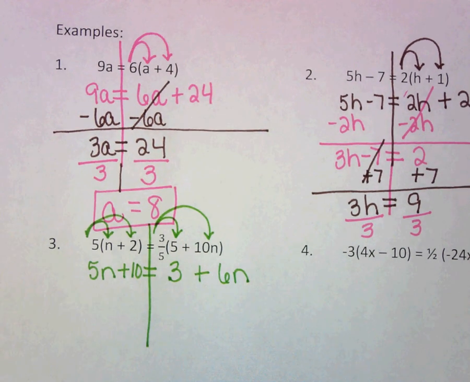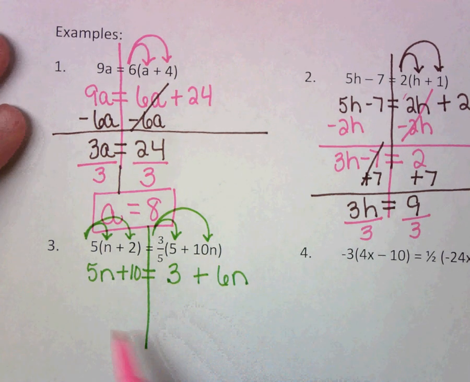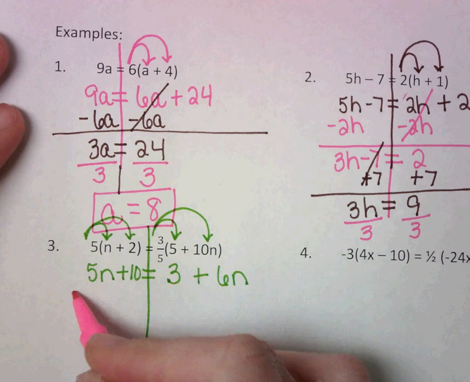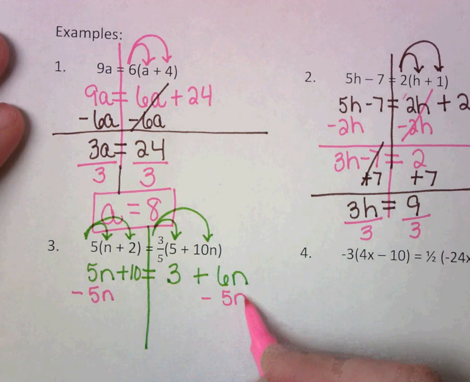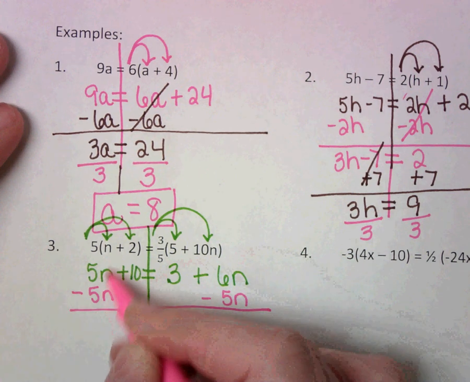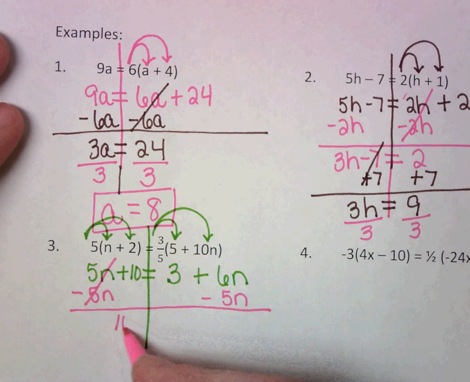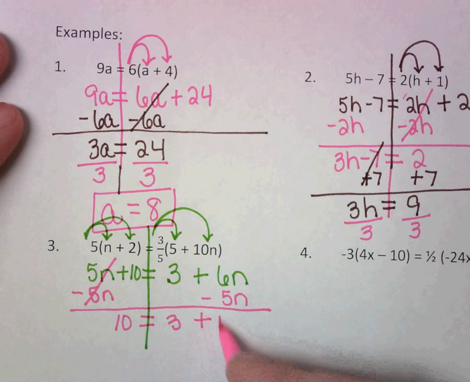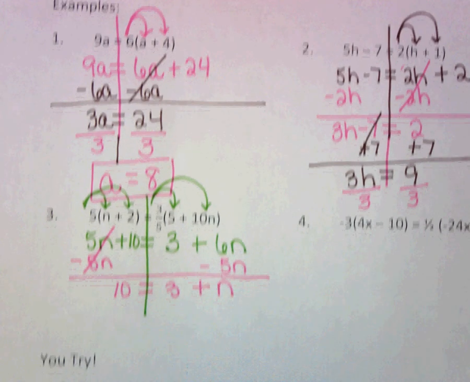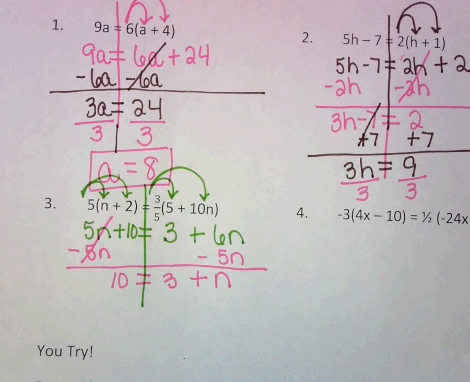Okay, next one, move our variables to the same side. So this time, I think I want to move the 5n because it's smaller. So minus 5n, minus 5n. Okay, so that leaves me with 10 equals 3 plus n. Now we need to cancel out our constant term.